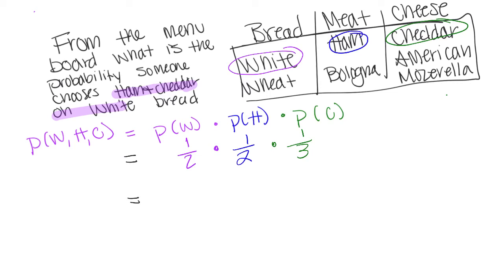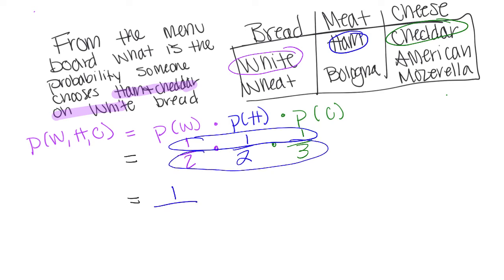So I'm just going to do 1 times 1 times 1, just 1, over 2 times 2 times 3, which is 12. Okay, and I could do 1 divided by 12. So that's 0.083, the 3 repeats, times 100 to make it a percent is 8.3 repeating percent. Okay?